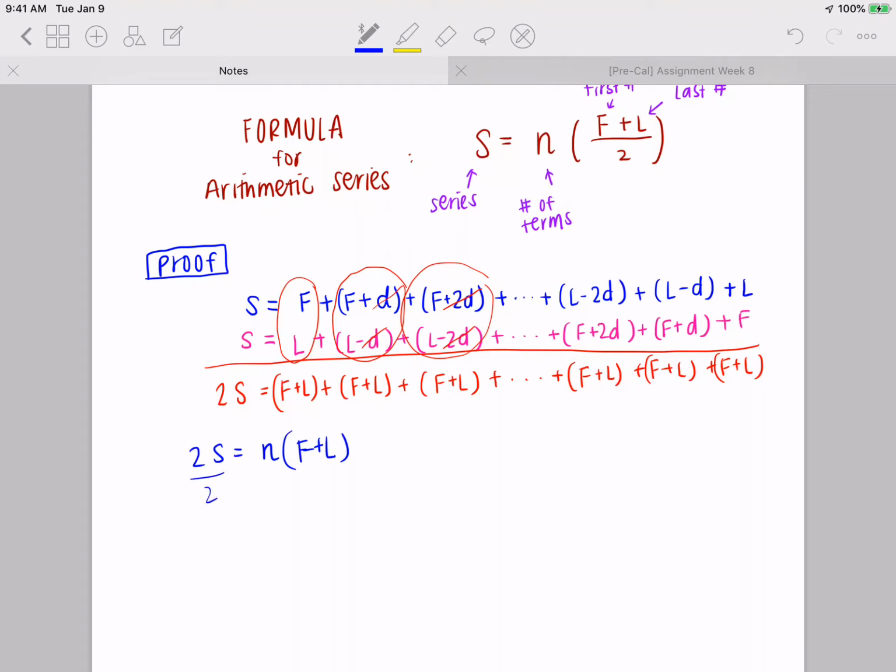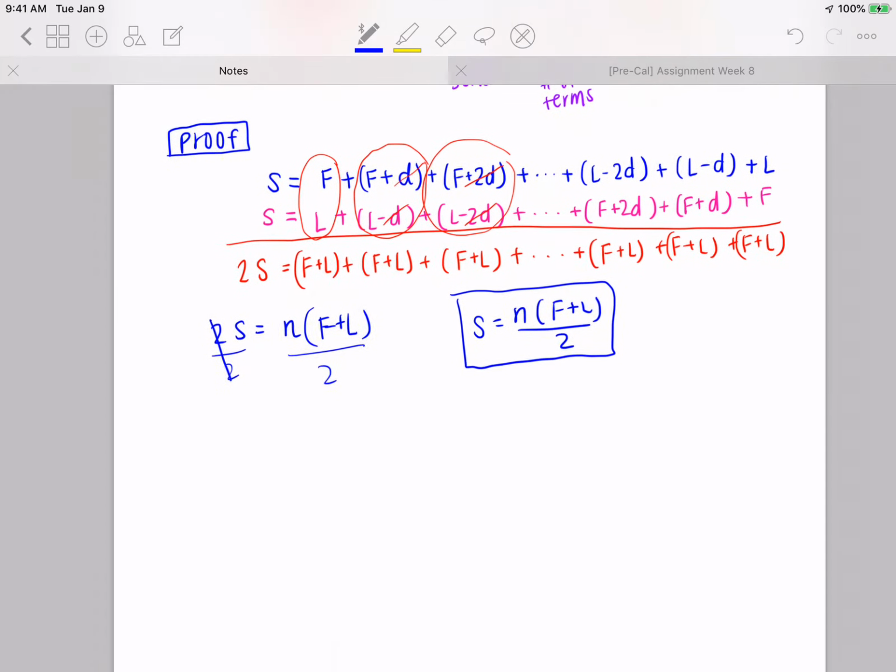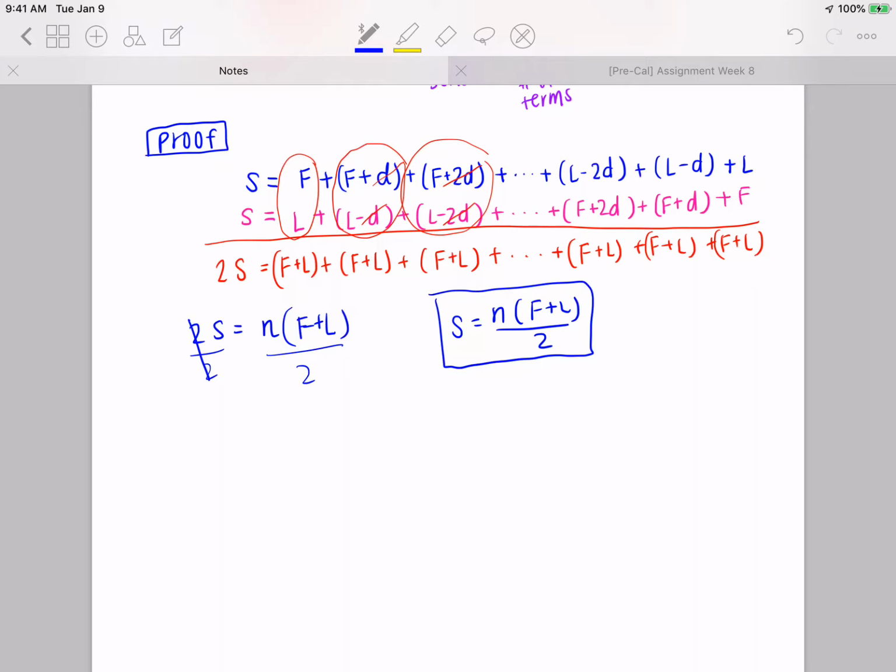And then we divide by 2, so S equals N times (F plus L) over 2. That's how our formula is created. Okay, so I'm done with the proof, and now I'm going to show some examples.